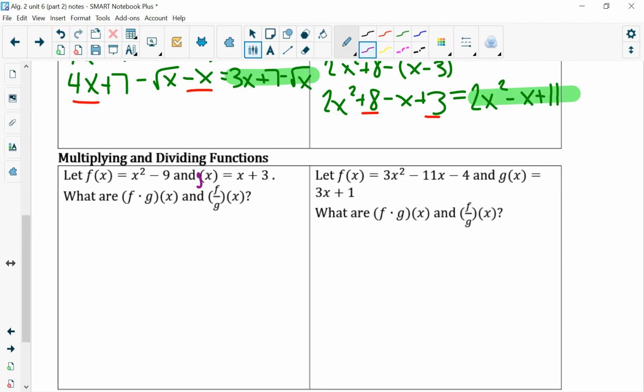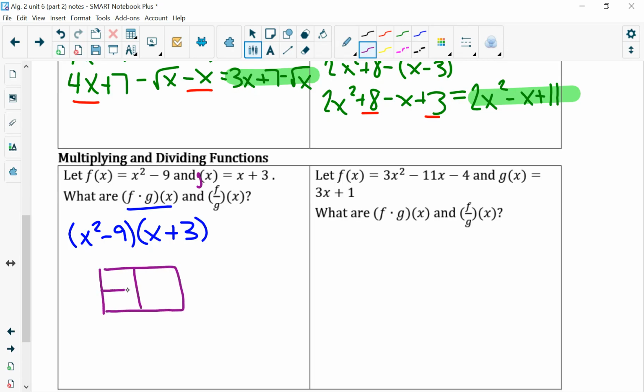All right, so in this first one, we are multiplying the two together. So I need to multiply x squared minus 9 and x plus 3. It is a binomial times a binomial, which means I can either FOIL it or I can box it out. I'm a fan of the box. x times x squared would give me x cubed.